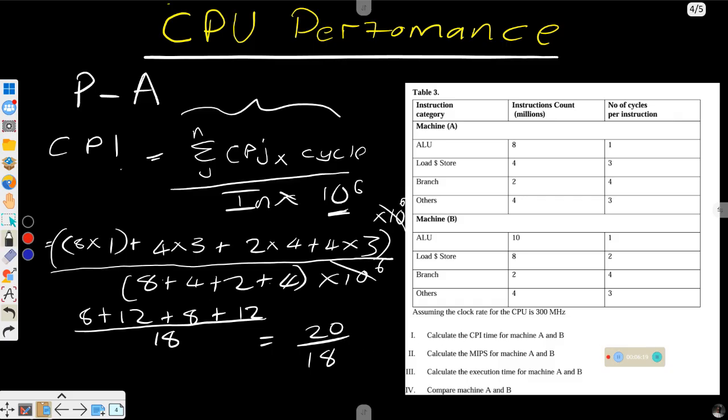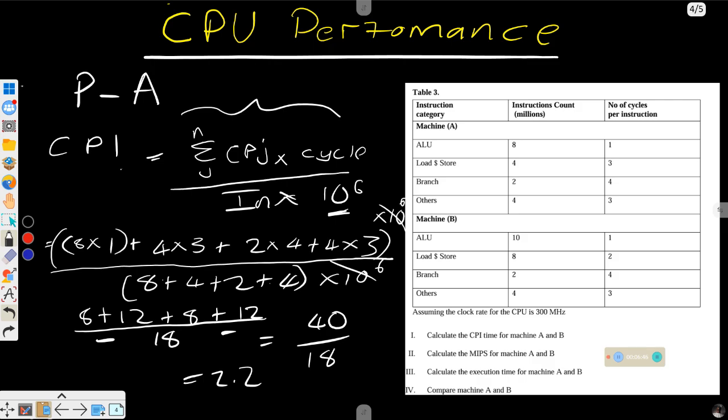I'm sorry, I'm just writing what's on my mind instead of writing the accurate thing. Now let's put it on the calculator. 40 over 18 gives us 2.2. Now the CPI is 2.2.